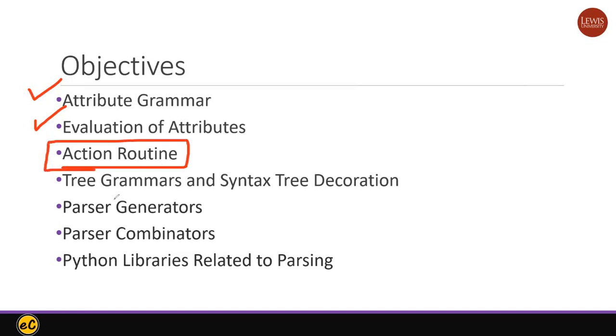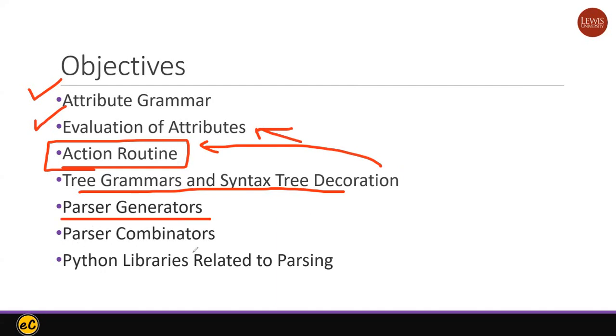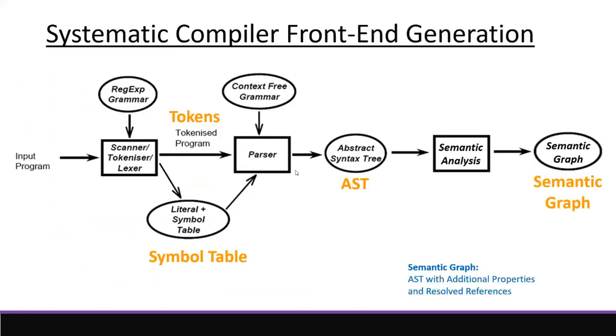And then the syntax tree declaration for the purpose of evaluation. And then how to generate the parsers and combinators, and also Python libraries related to parsing. These are the topics we will talk about today.